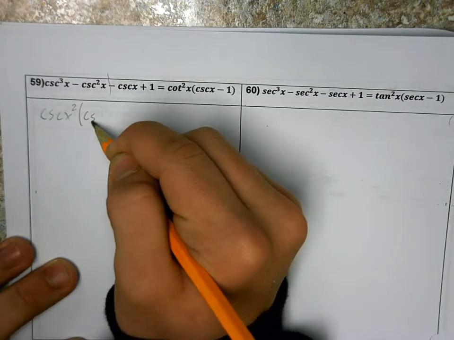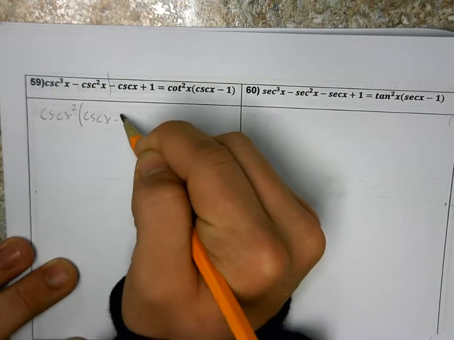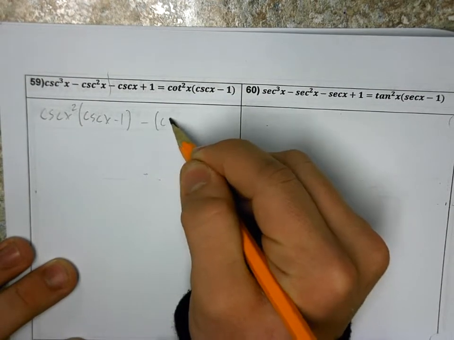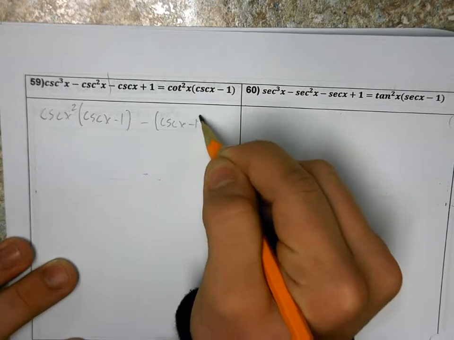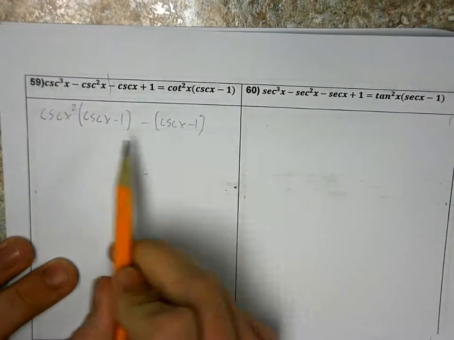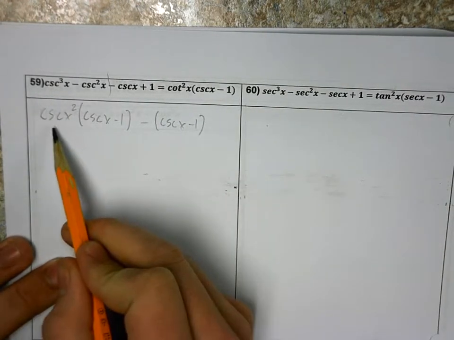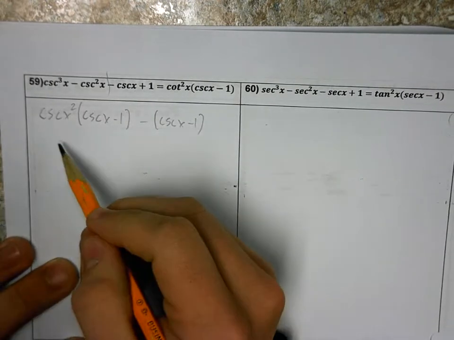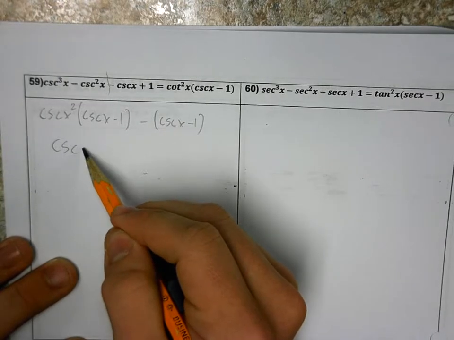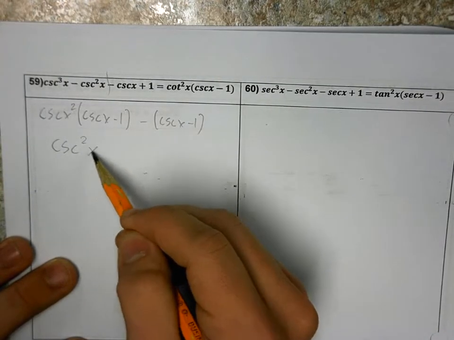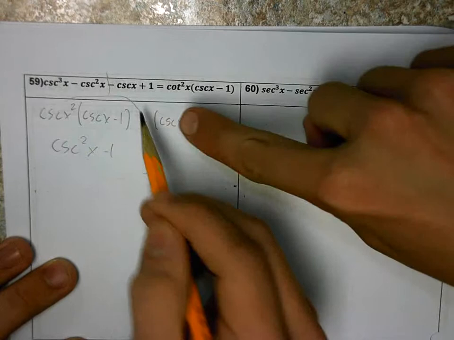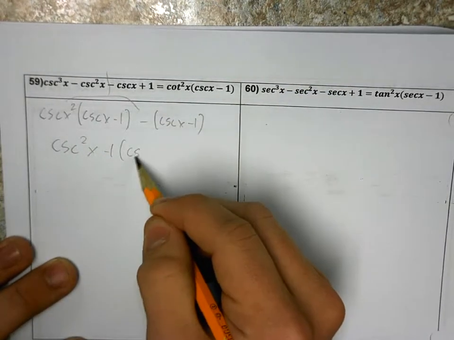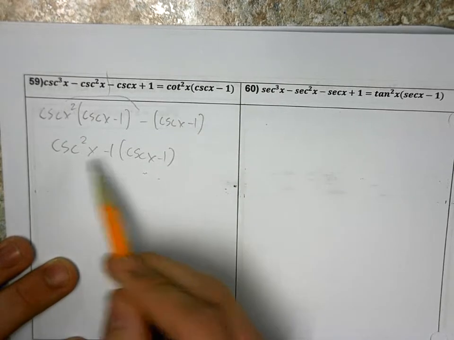Cosecant squared x minus 1 there. So these two combine. Implied minus 1 there. And then cosecant x minus 1.